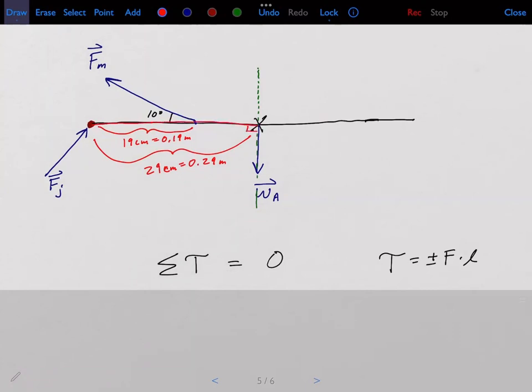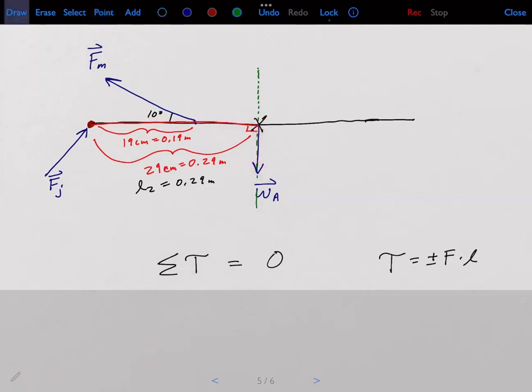So the moment arm for the weight of the arm is simply going to be 0.29 meters. I'll call this L2. So L2 here is 0.29 meters. That is the moment arm for the weight of the arm.